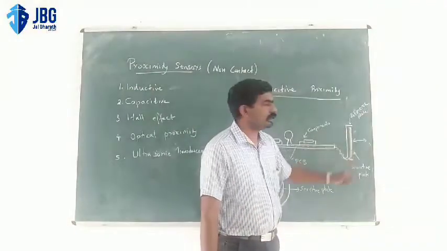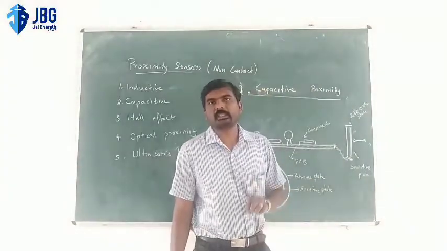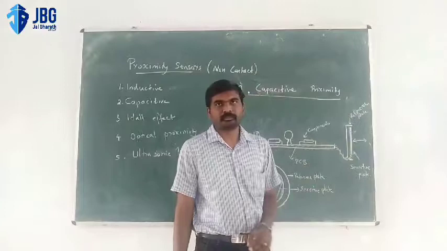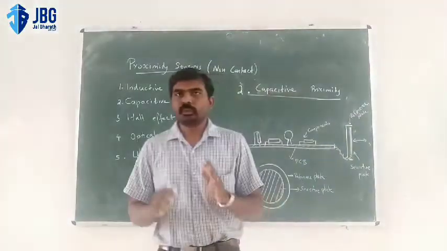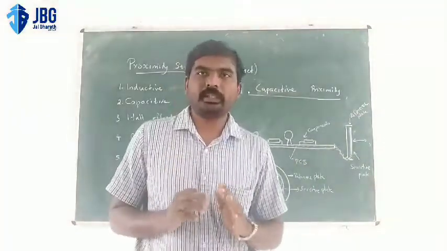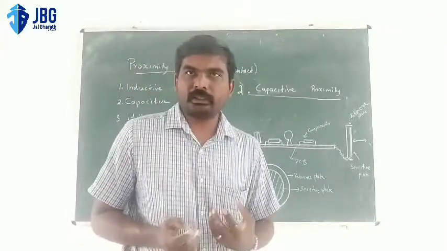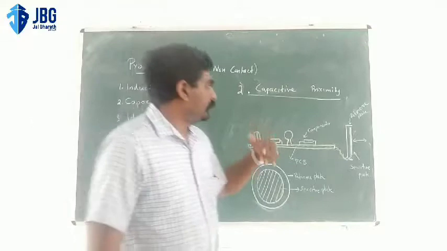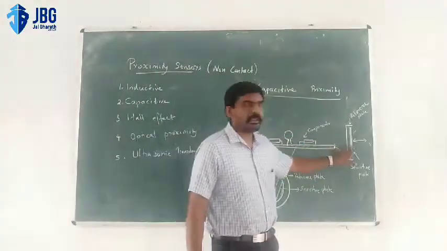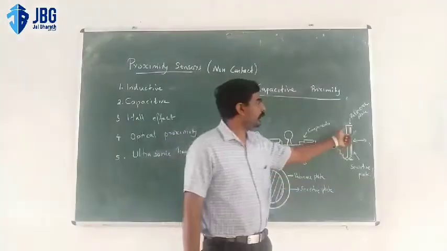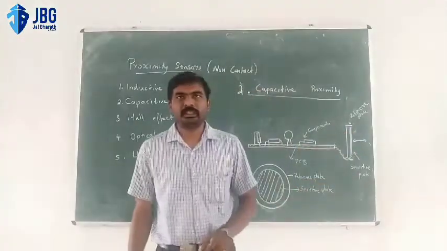In the front section we have a sensor plate, and in the back section we have a reference plate. We know that two parallel plates with a dielectric can form a capacitor. Here one plate is slightly movable, and the other one is stationary.